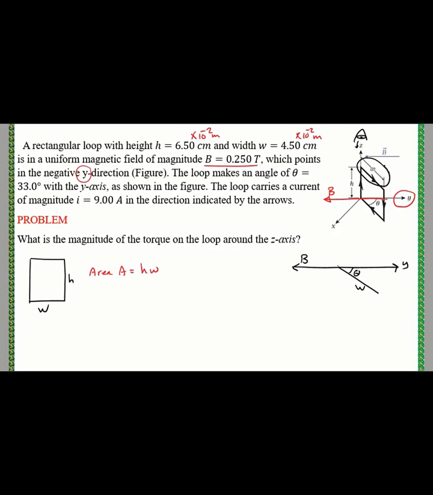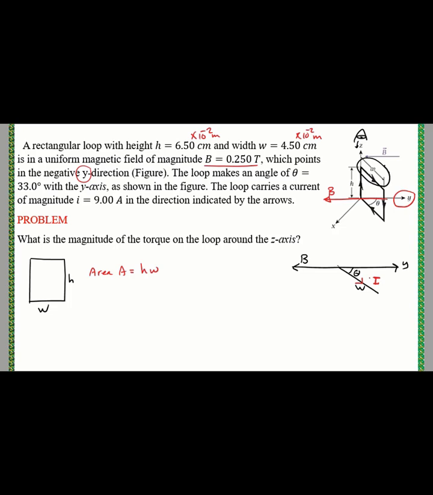And the current is going up, then it will go from the z-axis out of the page in this direction. So this is the direction of the current. Why am I interested in this? Because I need to find the direction of the normal. It's a very important thing, because theta matters in this question.